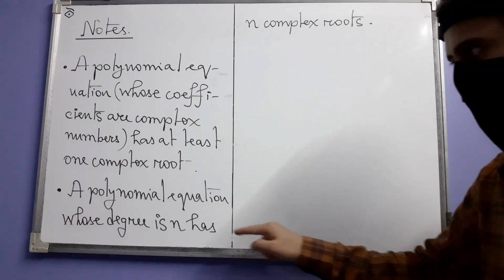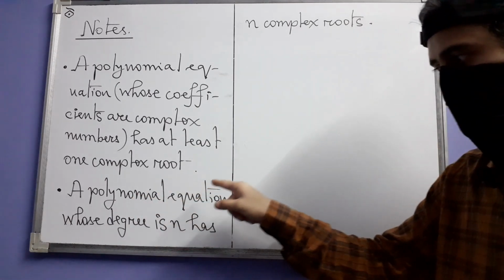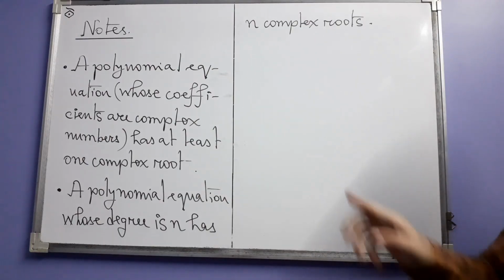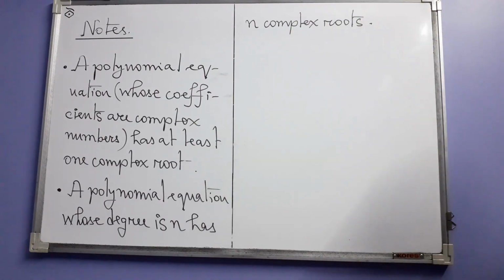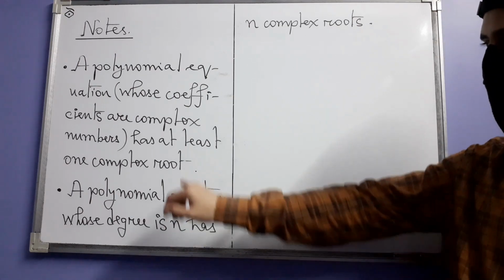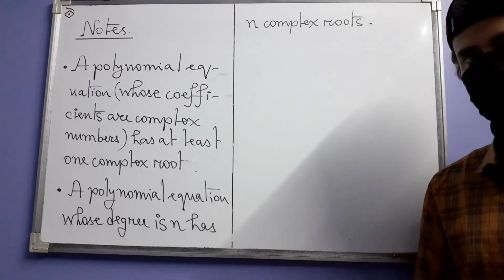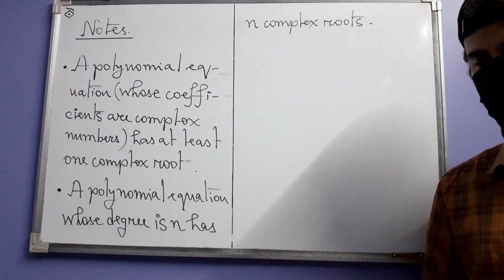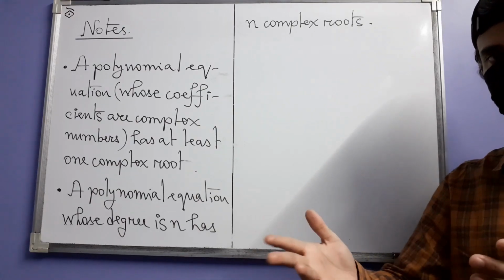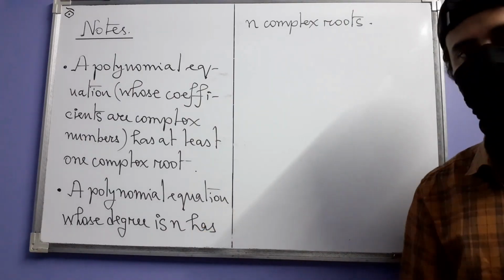And the second fact is this: a polynomial equation whose degree is n has exactly n complex roots, n solutions. One can use this fact and synthetic division, about which you know how to divide one polynomial by another, to prove this second fact.